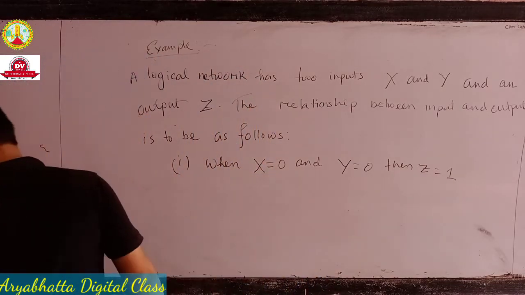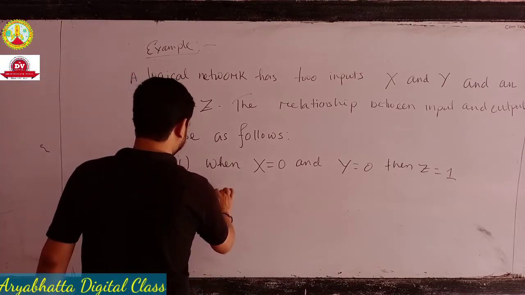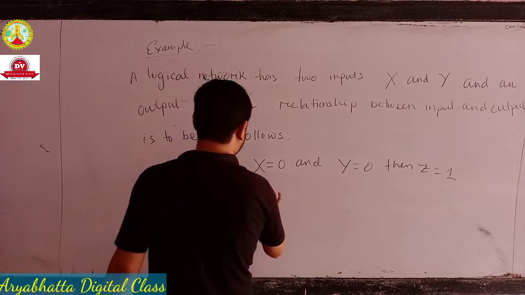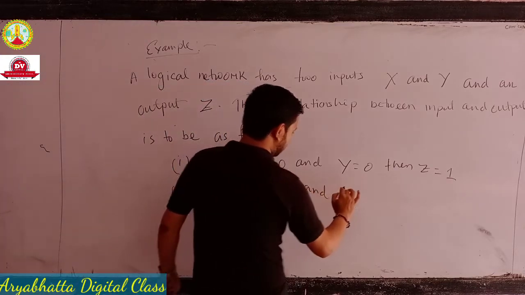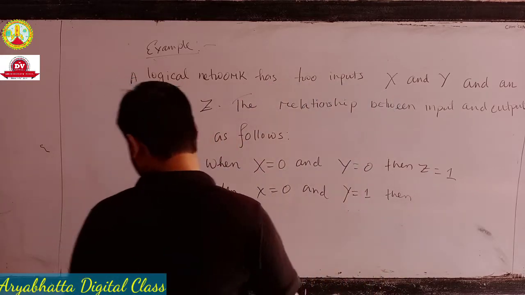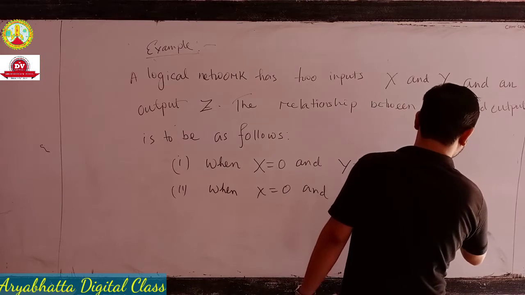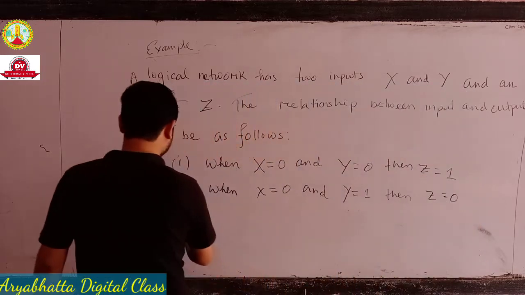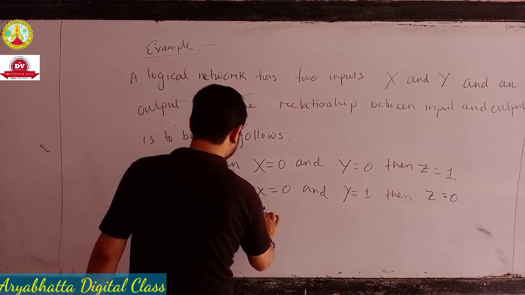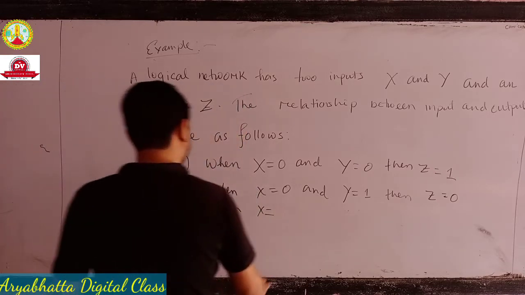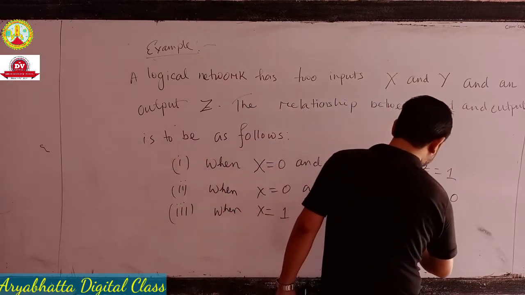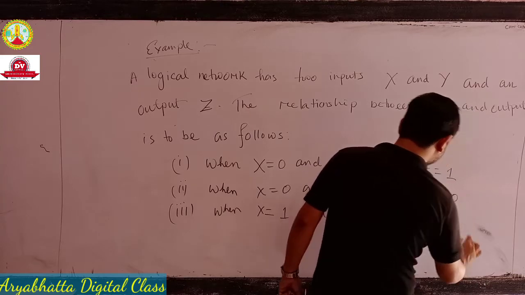You see, the second relation between input and output, right? When x is equal to 0 and y is equal to 1, then z is equal to 0. Number three, when x is equal to 1 and y is equal to 0, then z is equal again to 0.